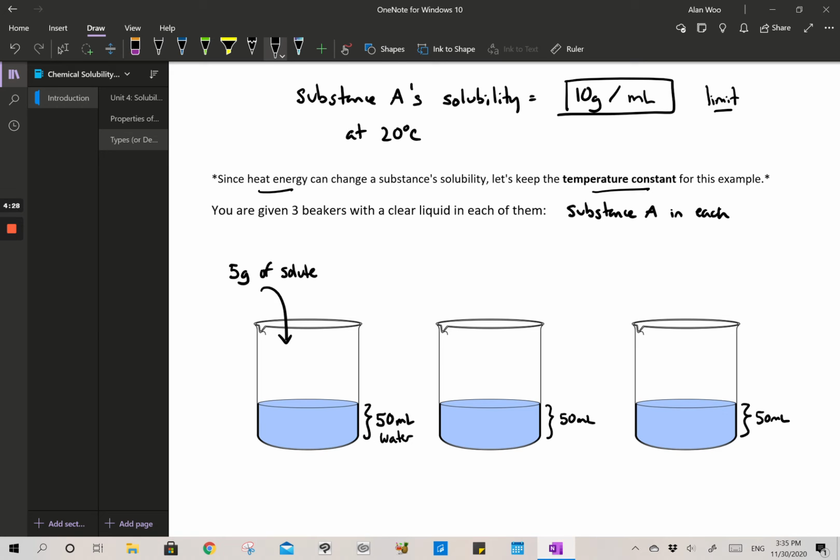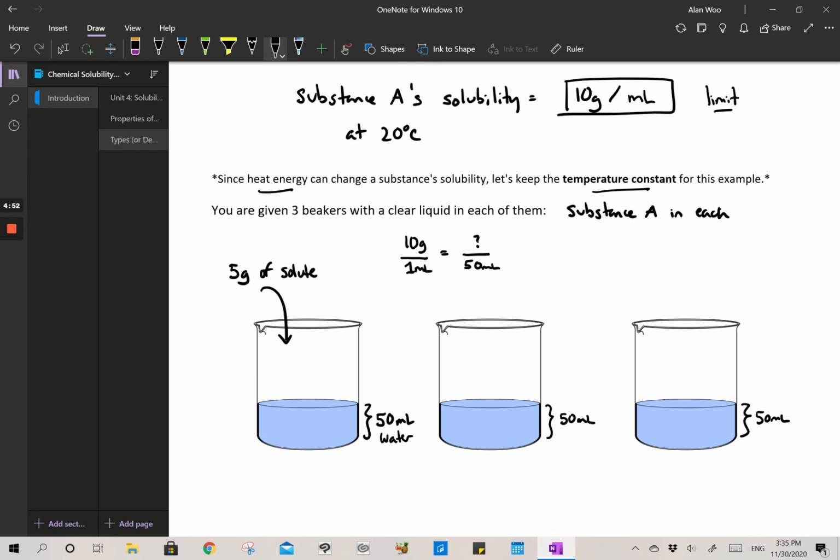The way that we do that is, if you have 10 grams in 1 milliliter, and the total volume that you have is 50, how much can dissolve in 50 milliliters?